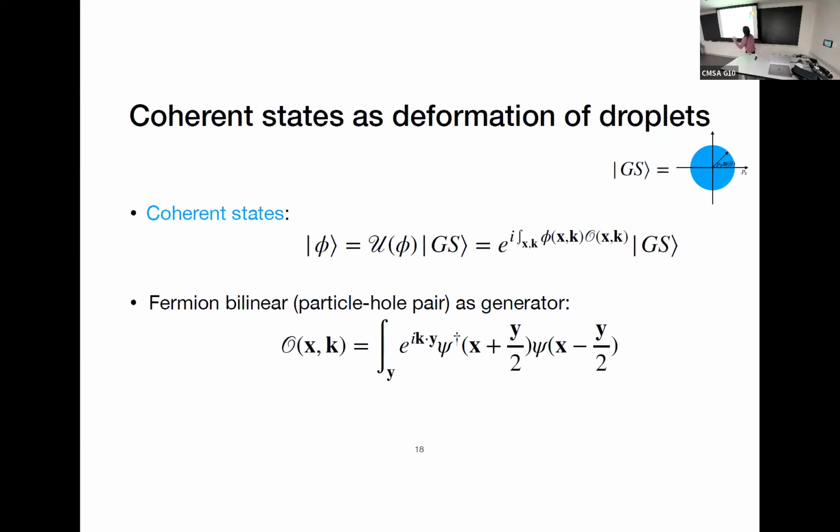Firstly, we want to think about a fermion bilinear, or particle pair, and we think of it as a generator, like we define here in terms of phase space parameters. The coherent state can be defined by using this fermion bilinear. As you can see, it is defined like this.